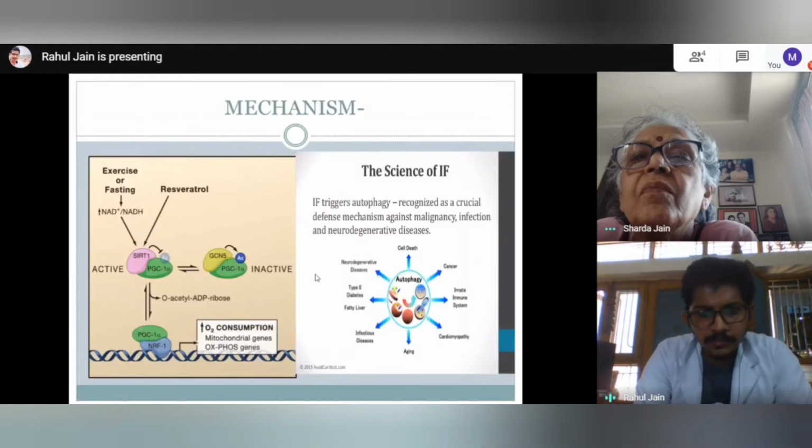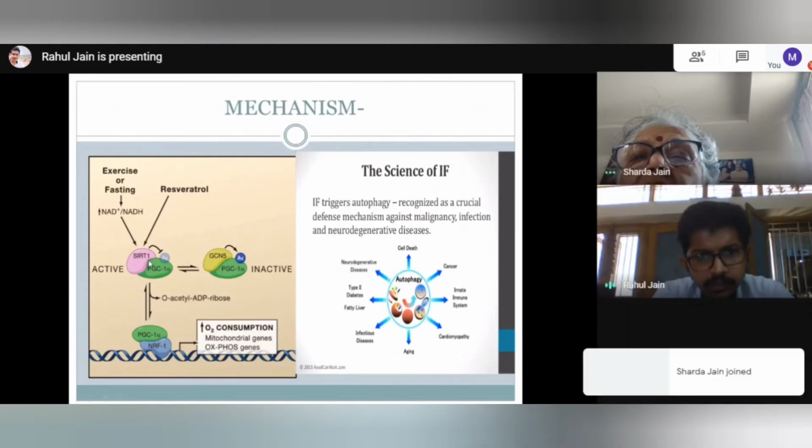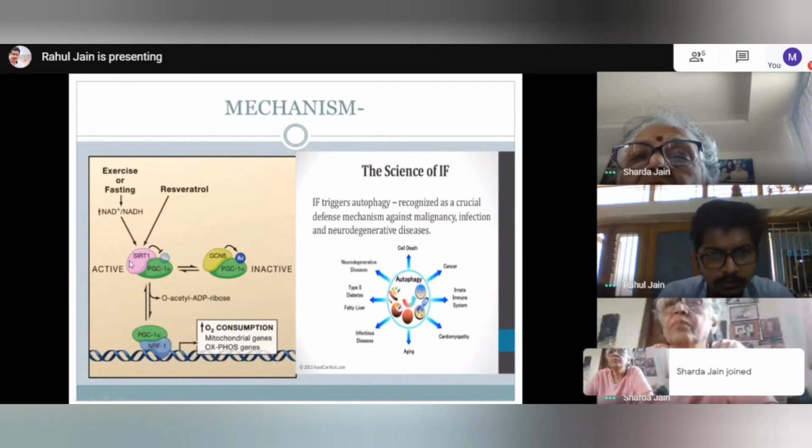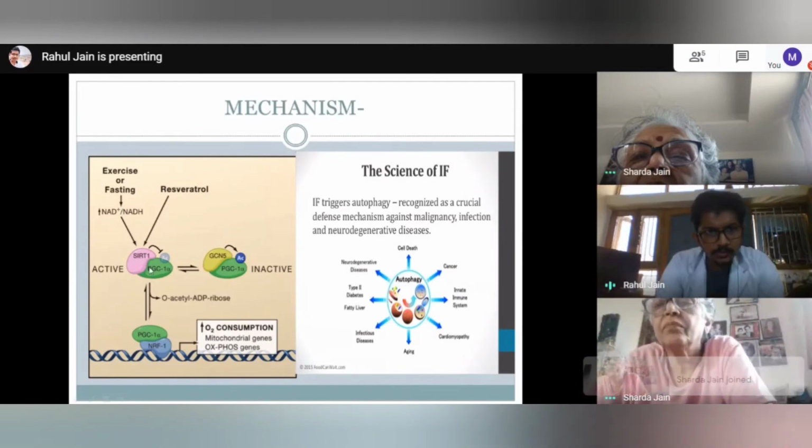Then we'll come to the mechanism of calorie restriction and intermittent fasting, and how it works. We have something called a sirtuin, SIRT1.